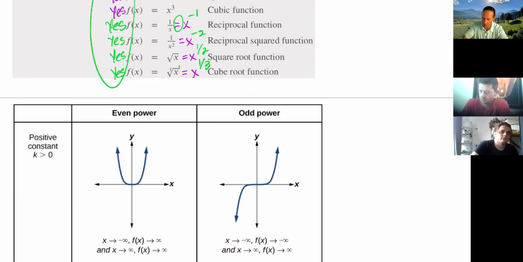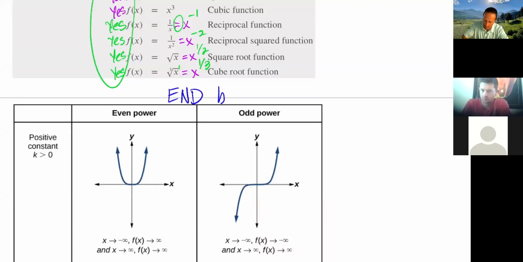Okay, we're going to call this end behaviors. How do our graphs behave at the very extremes, the far left or the far right? Well, we can tell just by looking at the powers. And we'll expand this into polynomial in just a second.